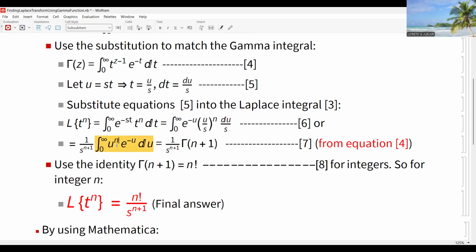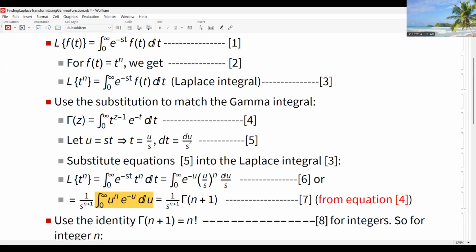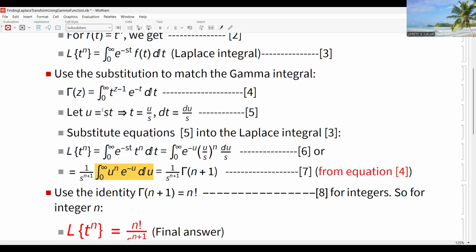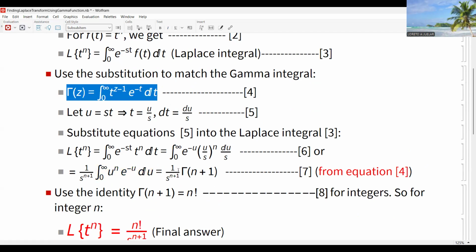Finally, by using equation 4 and the gamma functions, we have the gamma function of z. By using that logic, we can also have this.